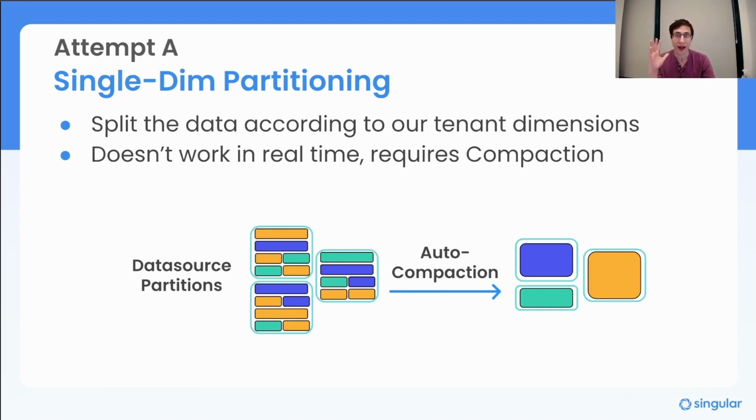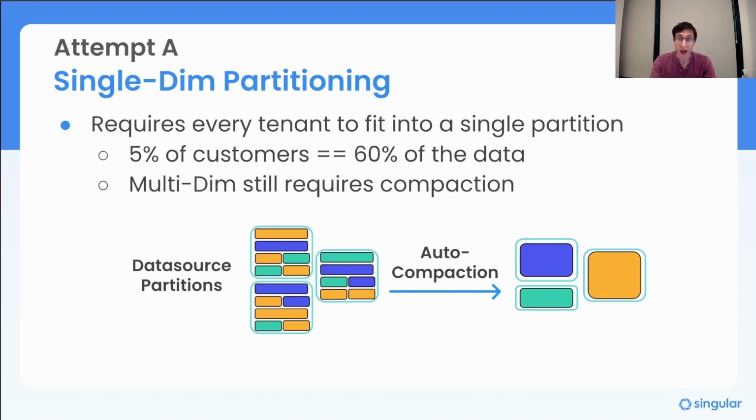It still requires some kind of auto compaction. And with thousands of metrics and dimensions over terabytes of data, it's expensive and time consuming. Additionally, it requires every tenant to fit into a single partition, where in our case, 5% of our customers are about 60% of all of the data, and that would not work.